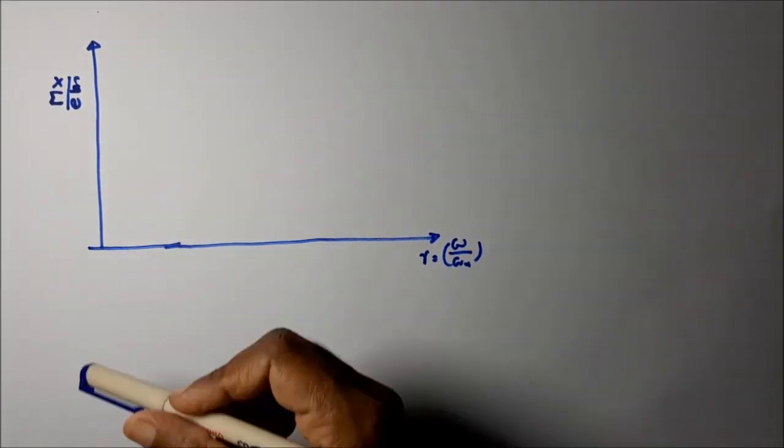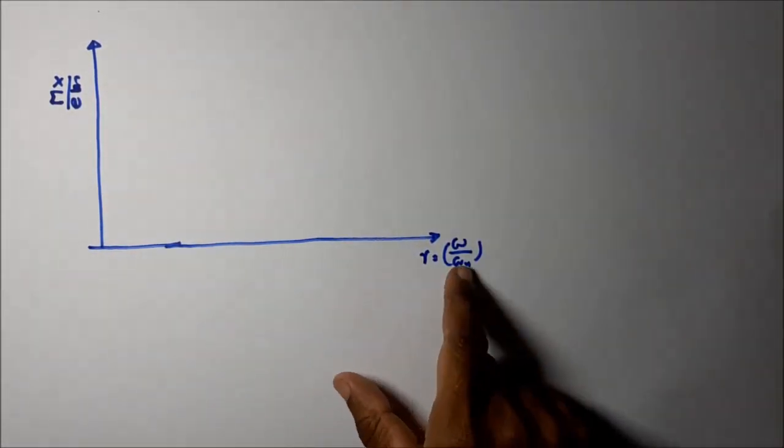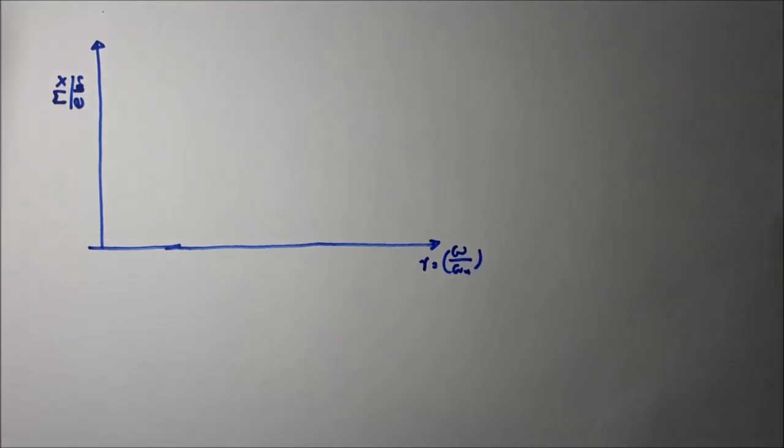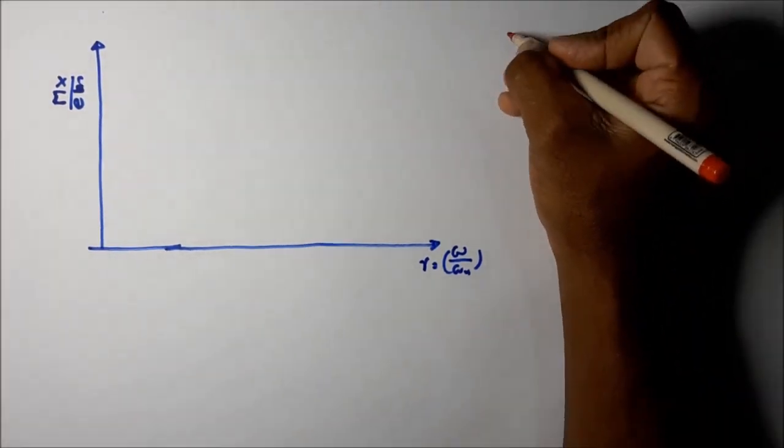The variation of normalized magnitude with the frequency ratio we are going to discuss. Then what is the equation now? So I will write that equation in here also.